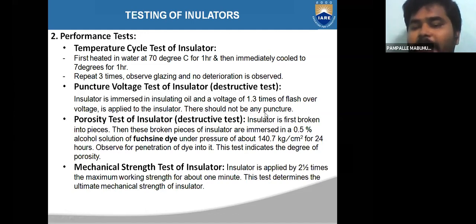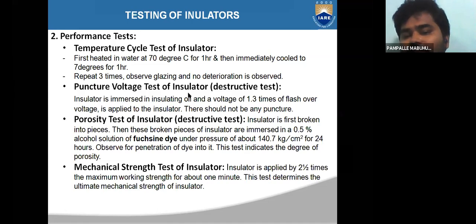There should not be any puncture in the insulator. Whenever the voltage across the insulator keeps increasing, puncture or breakdown will occur. So if you keep the insulator in the insulating oil and apply 1.3 times the flashover voltage, and no flashover or puncture occurs, then the insulator is said to be perfect, else it will not be useful for practical purposes.